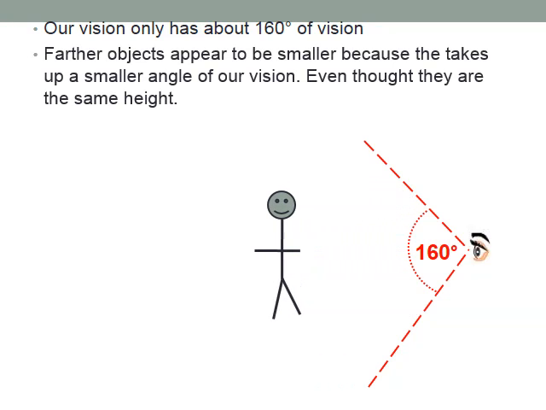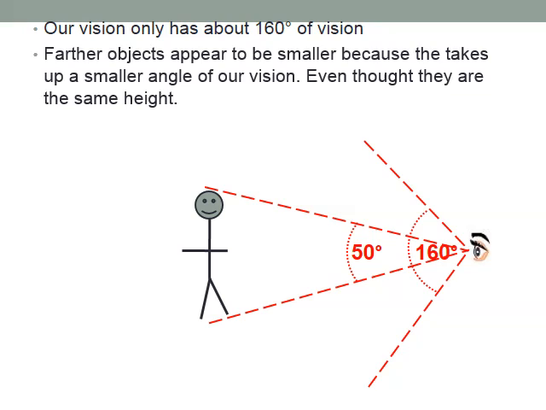Well, if I move this person backwards, now going from his head to his toes, he's only taking up maybe a 50-degree angle within his vision. Now, the person has 160 degrees of vision to play with, but he's only taking up 50 of those degrees. In fact, we like to use the word subtends a lot.